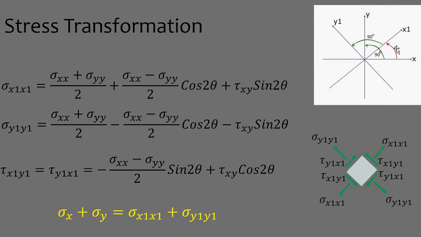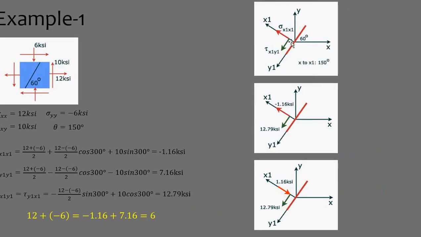This is our transformation angle. You may also know x1 and y1 as n and t. That's because x1, also known as n, you put normal to this inclined surface. On this figure here, it's shown.